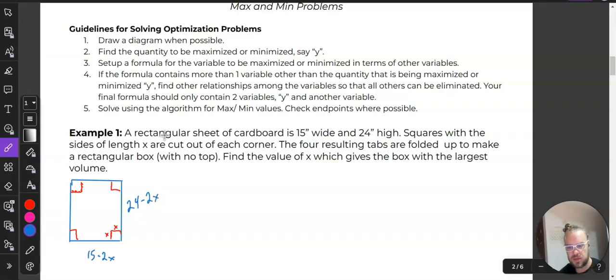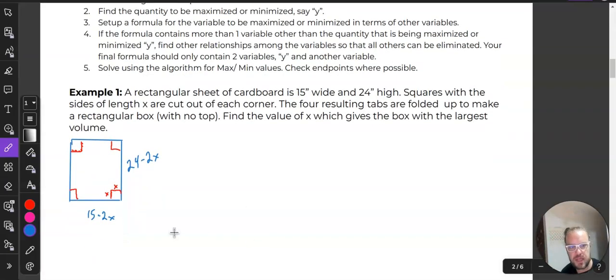So the next thing is we need to make sure that we can find a formula that relates all of these things. So what we want to do is find V, that's our thing to be maximized. And that's going to be equal to our length times our width times our height for a rectangular prism. So now I can plug in the things that I know.